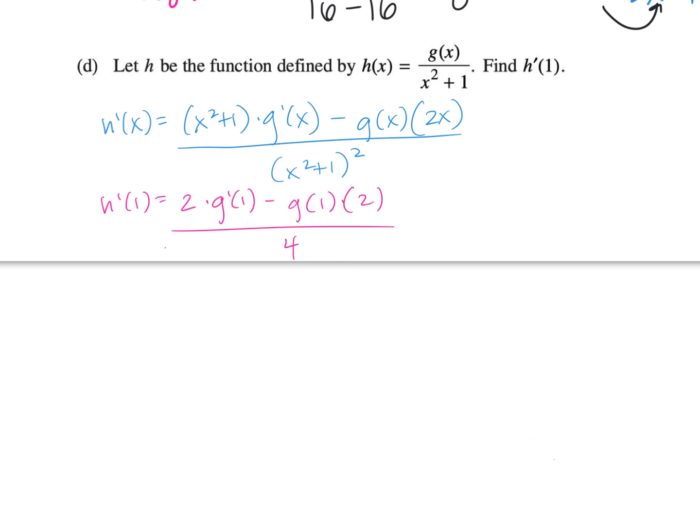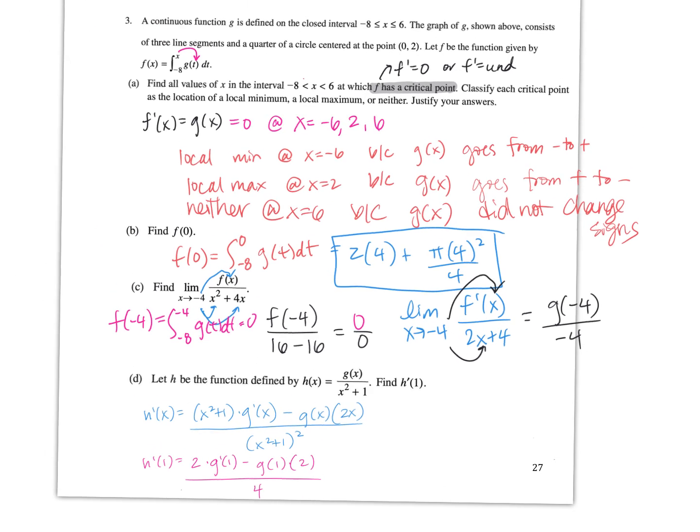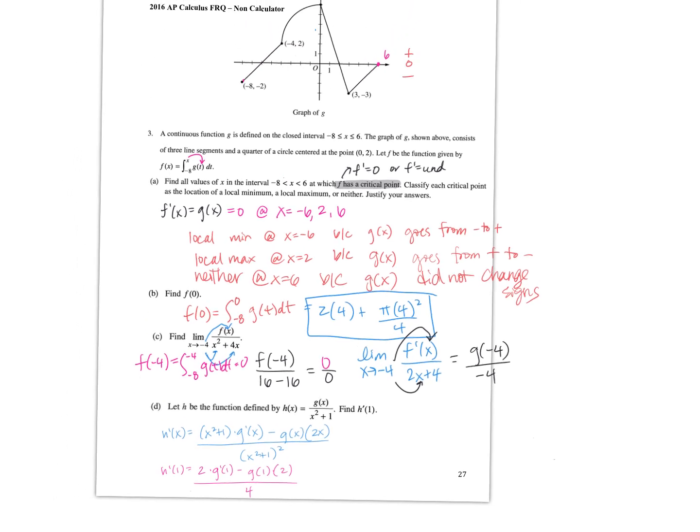Do we have g prime of 1? Well, we know we can try and get the slope of g. Yeah, if this is a graph of g, g prime would be its slope. When x is 1, would you agree the slope over here is constant? 1 is somewhere over here, but I could just do change in y over change in x.